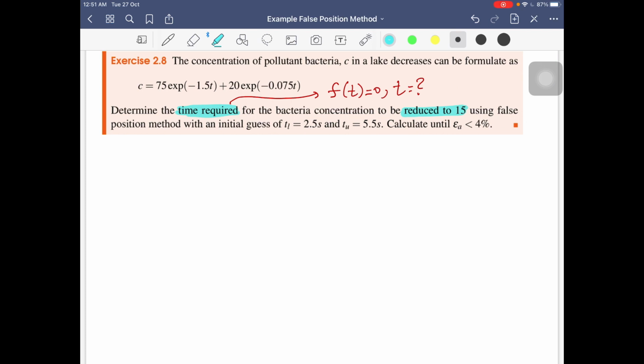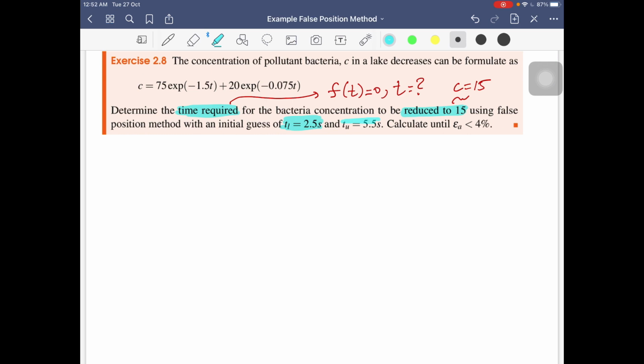So this is the value for our C equal to 15. Since we want to estimate t, we must have the two initial guesses that represent our time.